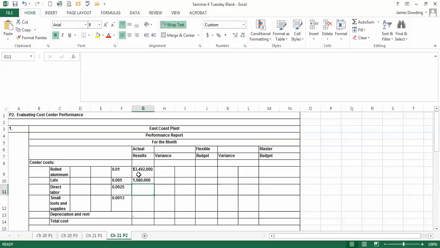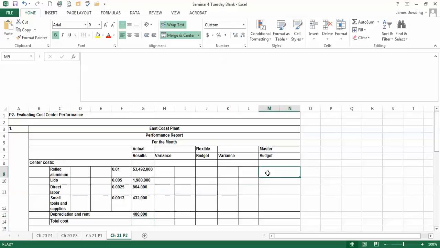Direct labor has 864,000. Small tools have 432,000, and our depreciation and rent are going to be $480,000. We also have the master budget numbers.